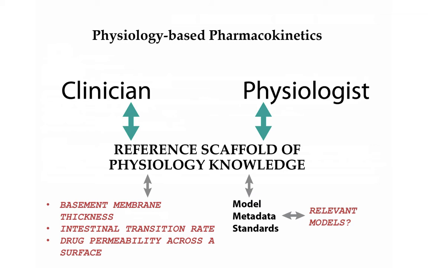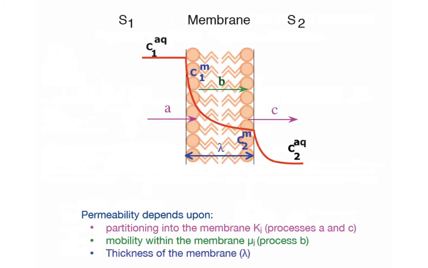Furthermore, to build such a model, experimental or clinical data relevant to derive measurements like transition rates or permeabilities need to be found by the physiologist. Data such as concentrations of solutes across a particular membrane, as well as membrane-specific diffusion coefficients, surface areas, and thicknesses.